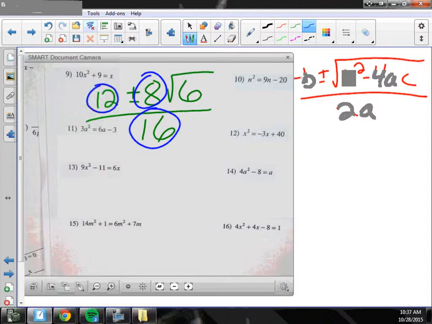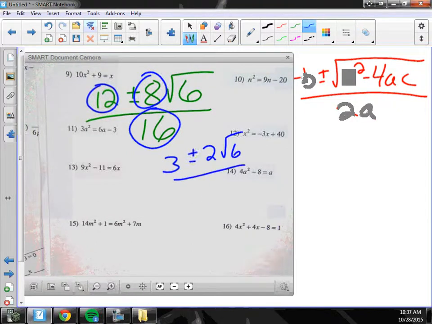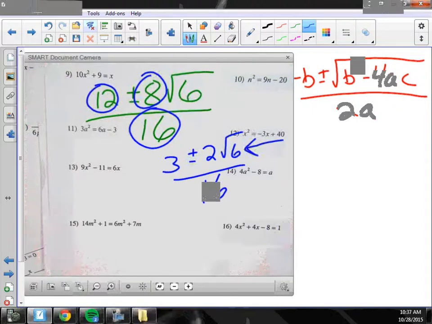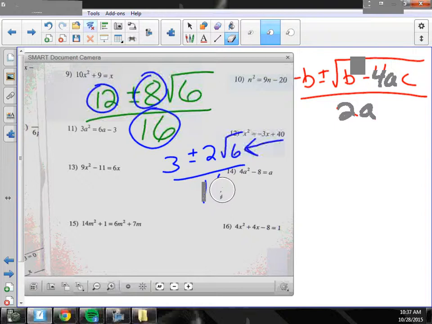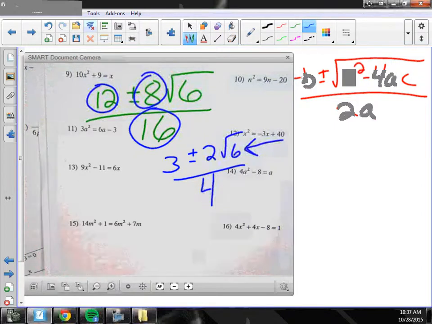What is the biggest number that goes into 12, 8, and 16? 4. So I can take a 4 out of everything, which would give me 3 plus or minus 2 root 6 over 4. And notice, I didn't touch the root 6. Oh, it's not over 16. Jeez. It's not a number. It's just a reminder.